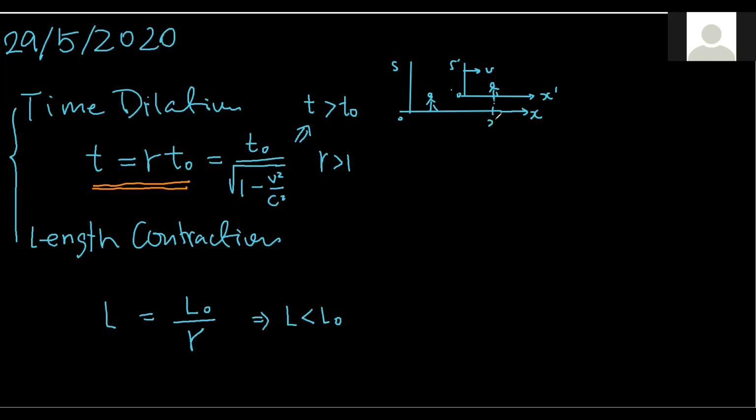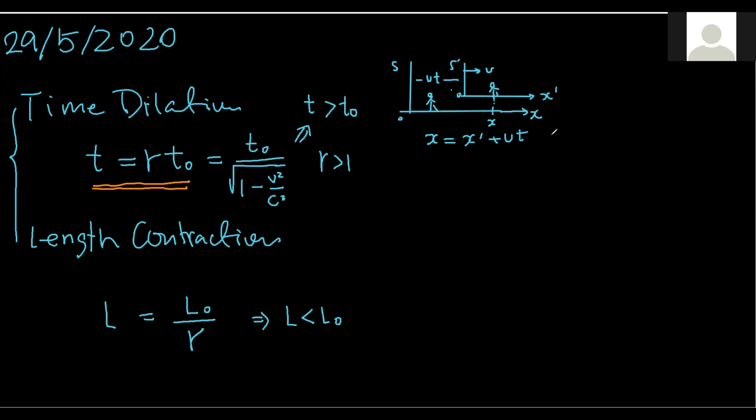So basically this x is different from x prime, and there is a simple relation: x equals x prime plus vt. This is Galileo's transformation. You agree? Yeah.